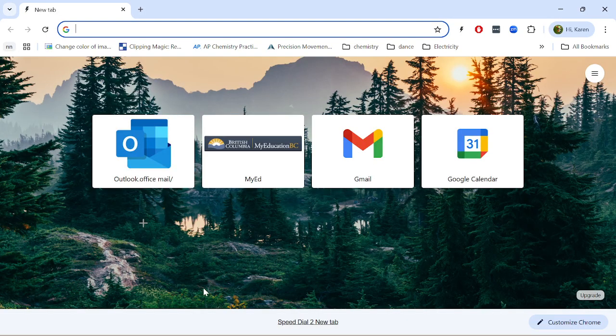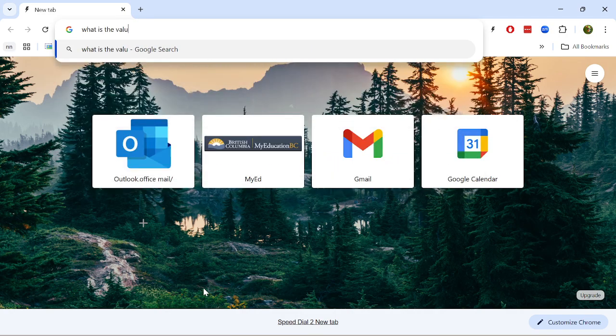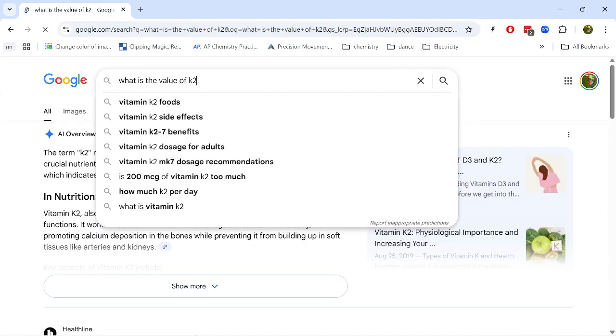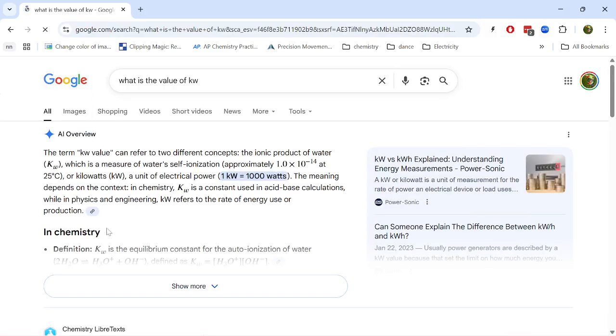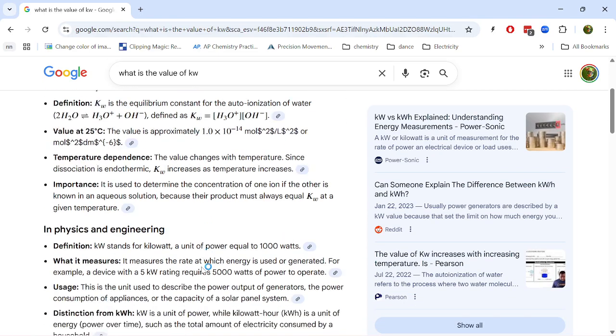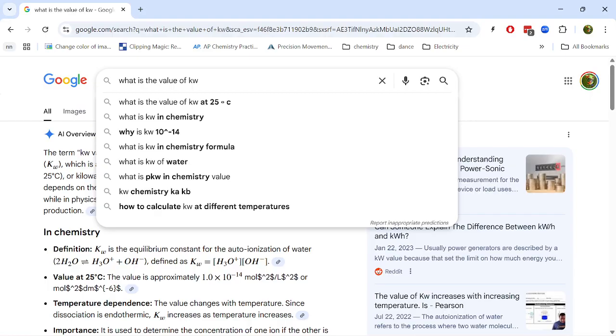What is the value of Kw? I want to know to lots of sig figs. Kw at 25 degrees Celsius.